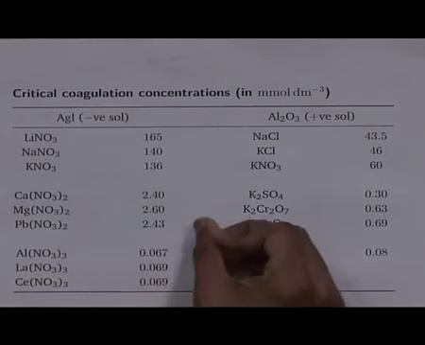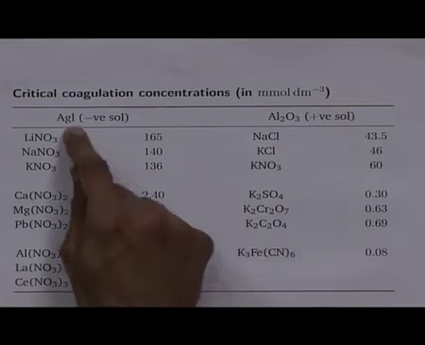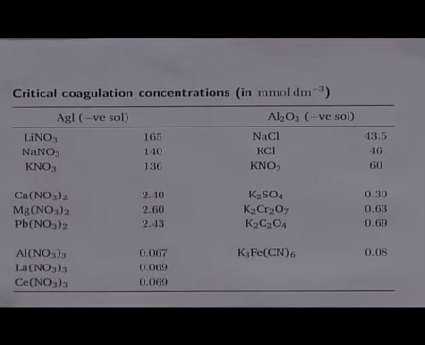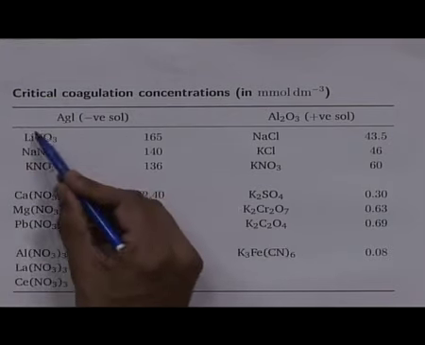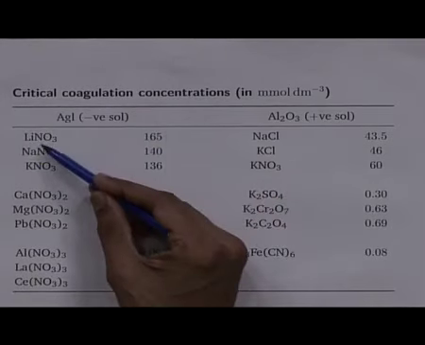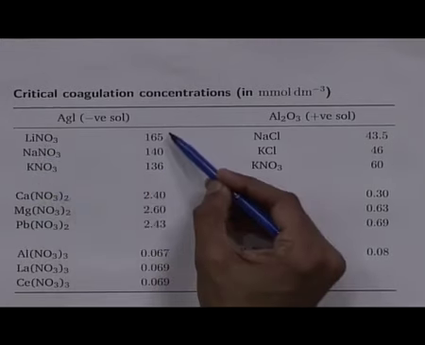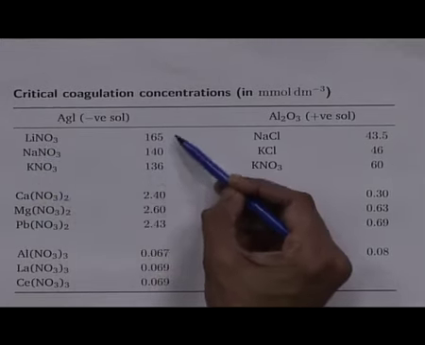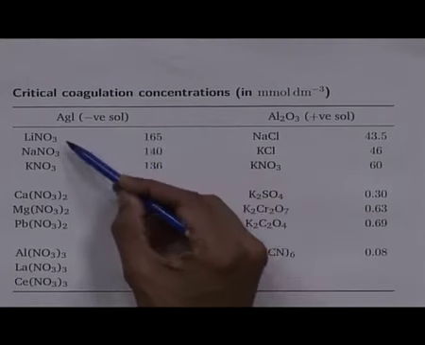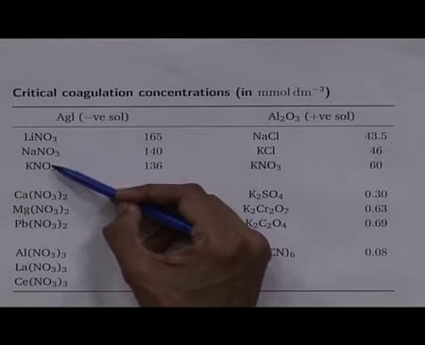What you find is that it drops even further. Within each of these cases, there is not much difference. Whether it is lithium, sodium or potassium, it is hardly any difference. No worthwhile difference is seen with changing the positive ion here.